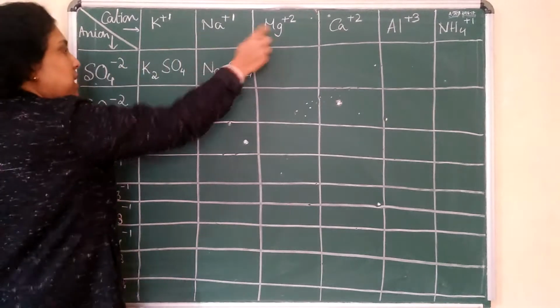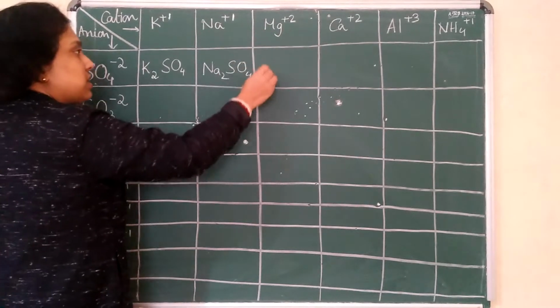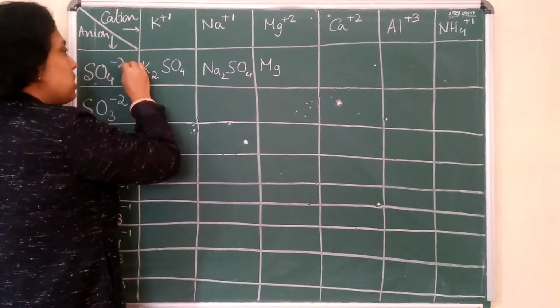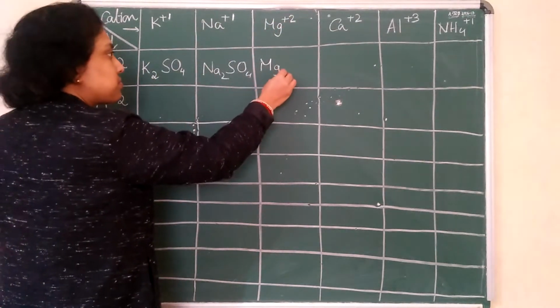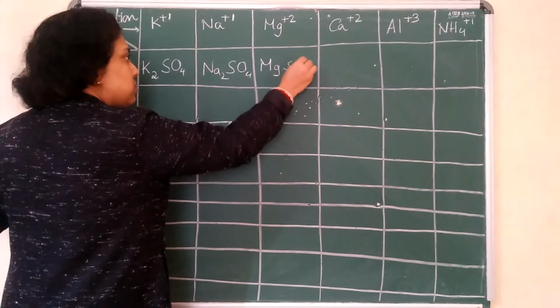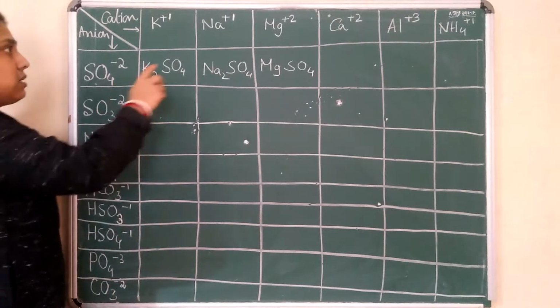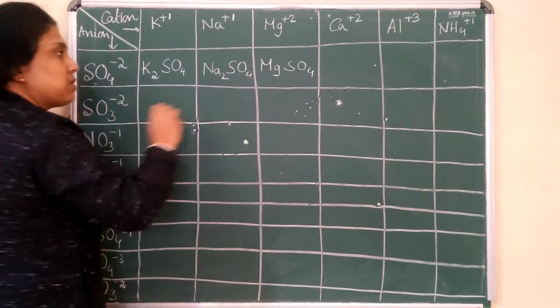Then sulfate and magnesium. Magnesium is the cation, so that will be written first: Mg. Here 2, here also 2, so the 2 will be cancelled. So magnesium sulfate, MgSO4. Then calcium: calcium also 2, sulfate also 2, so it will be cancelled.